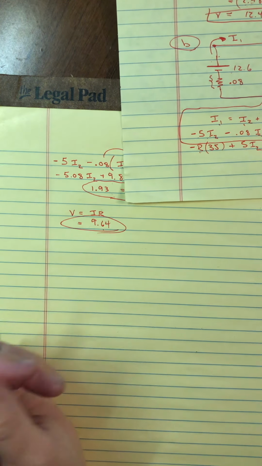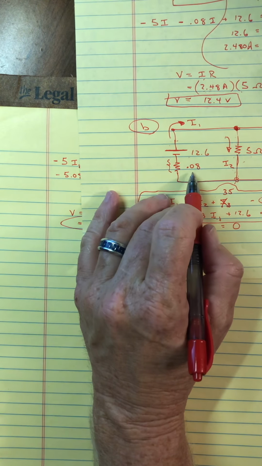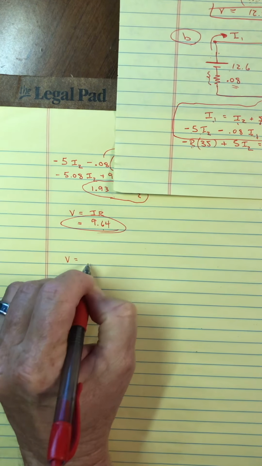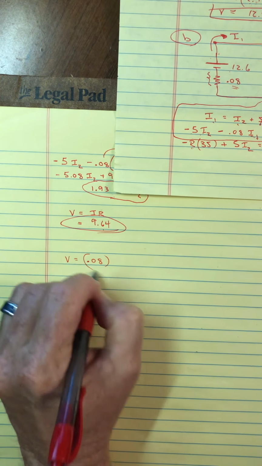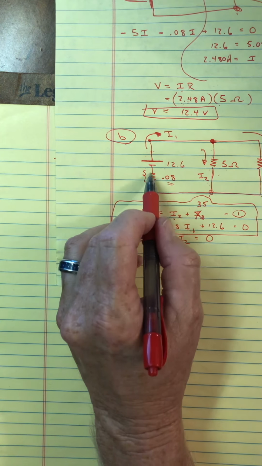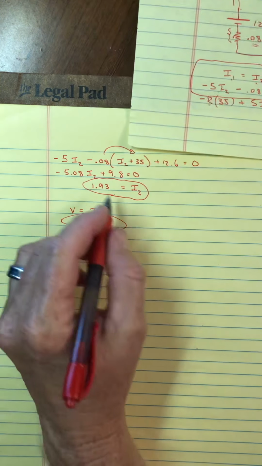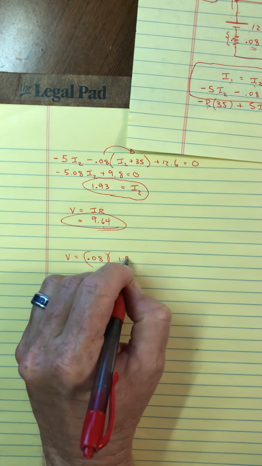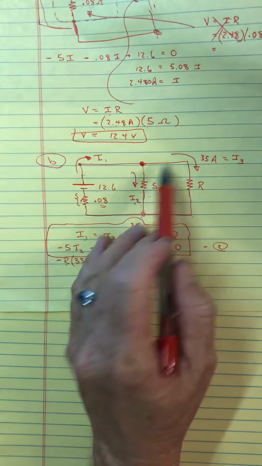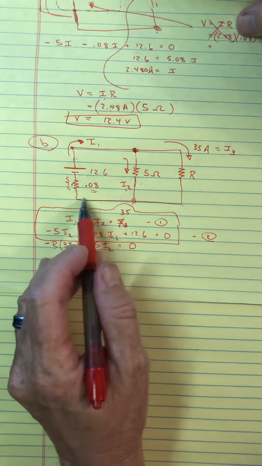Now, just out of my own curiosity, we could do the same thing we did before. We could look at the drop here. If I look at the drop, the resistance on the internal resistor is 0.08, and the current going through this internal resistor would actually be this current from I2, which is 1.93, plus the 35 that's going through the starter motor, because the starter motor wraps around and joins up with it, and so the total current is the sum.